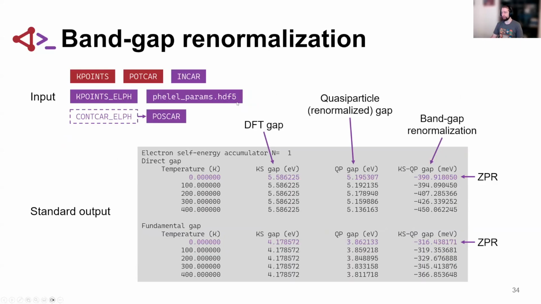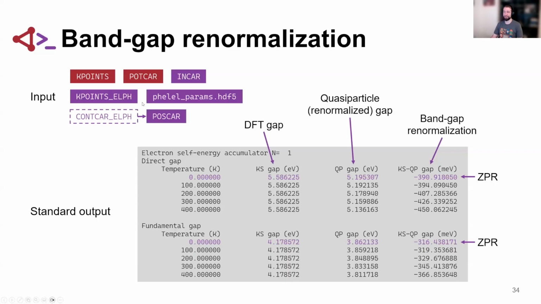Okay, so a quick recap of what the input and output now look like, because all of this was scattered across multiple slides. You have your KPOINTS as usual, you have your POTCAR as usual, and you have your INCAR with your electron-phonon tags in it. So that would be, in the simplest case, just ELPH_MODE equals RENORM.